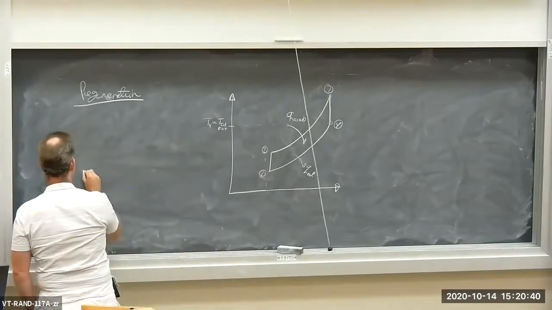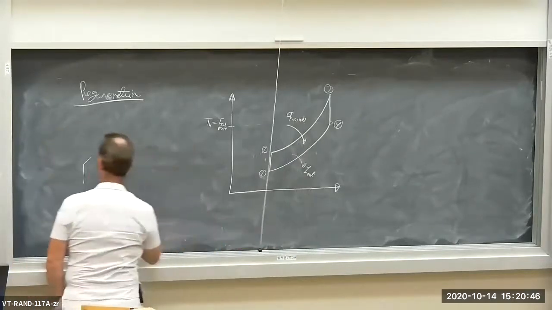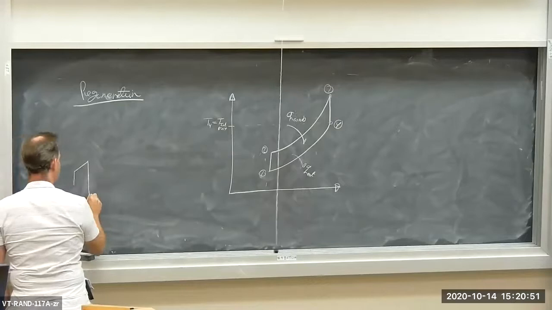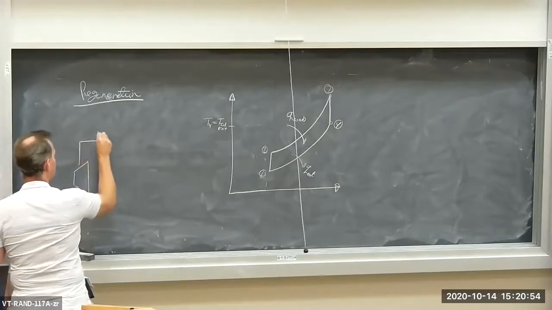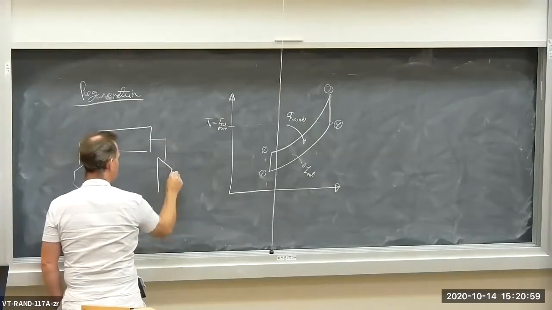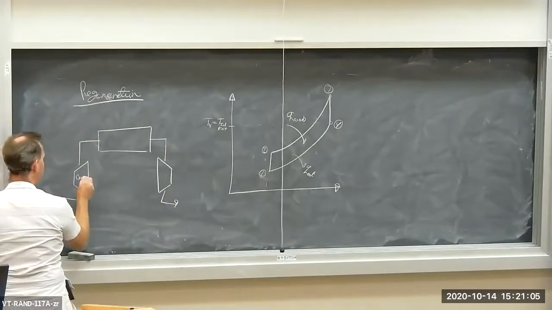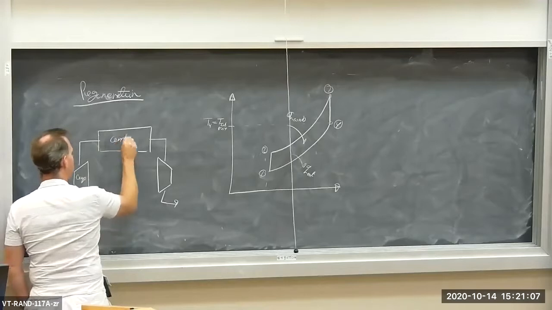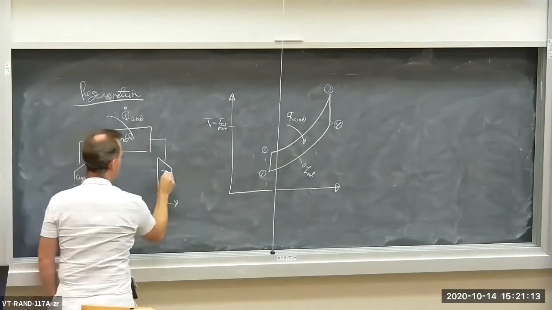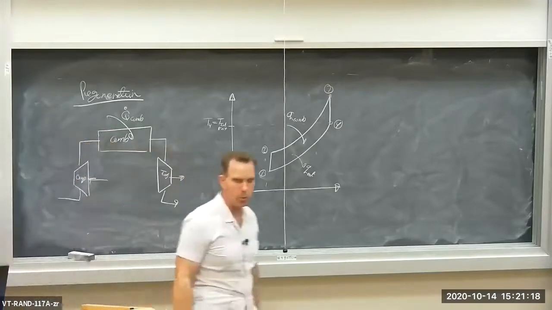So let me draw the device here, to make sure we're on the same page. We have the compressor, we have the combustor, where the heat is being added, and then we have the turbine. The turbine's producing some work, and the compressor's consuming some work, okay?